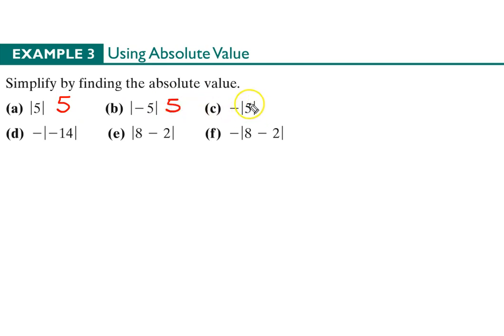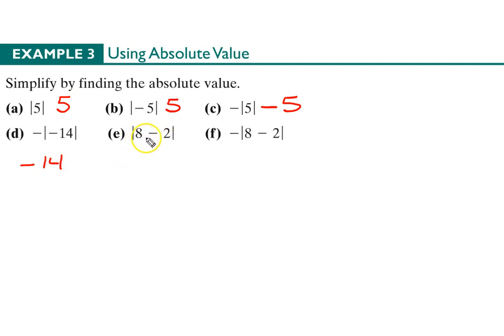Now the absolute value of 5 is 5, but we have to multiply by negative 1 here. So this becomes negative 5. Now absolute value of negative 14 is 14, but we multiplied by negative 1, so it becomes negative 14.